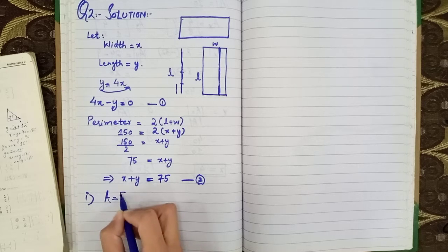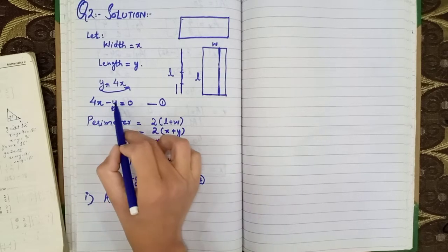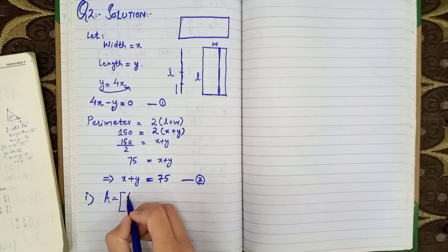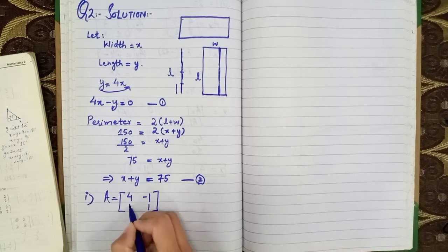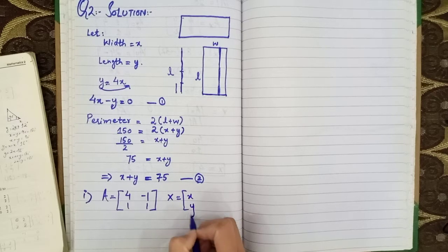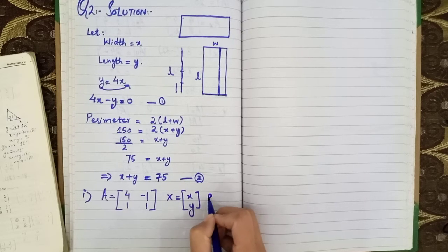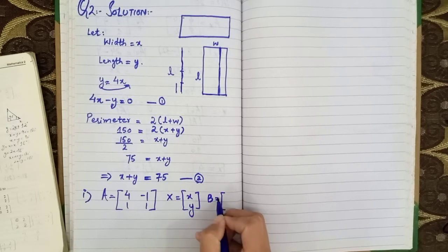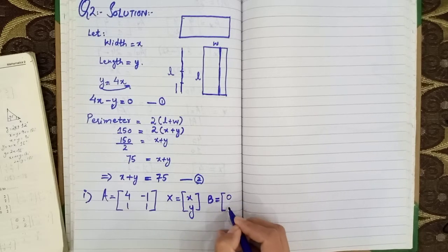Matrix A: if I go row wise, 4, minus 1, 1 and 1. Then X is x and y, and B is 0 and 75.